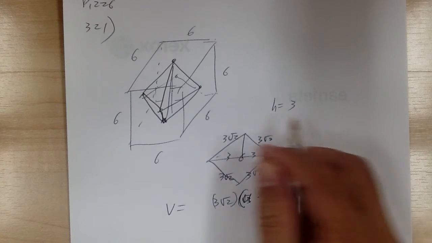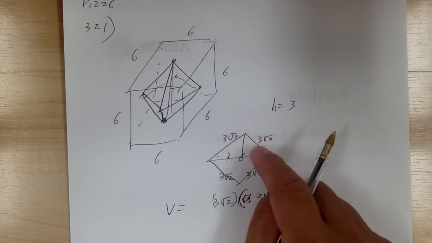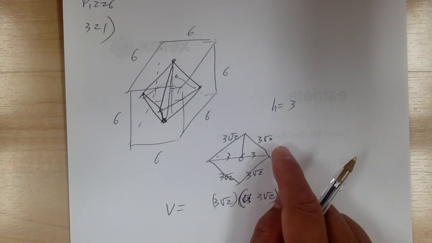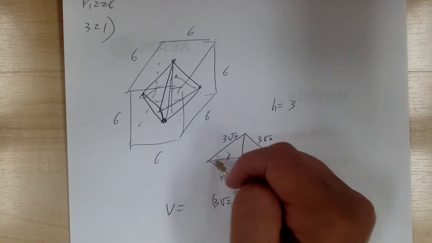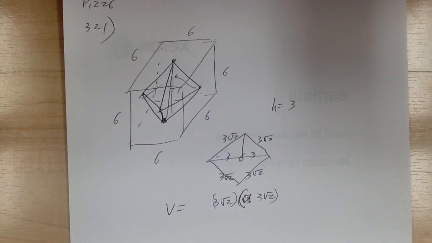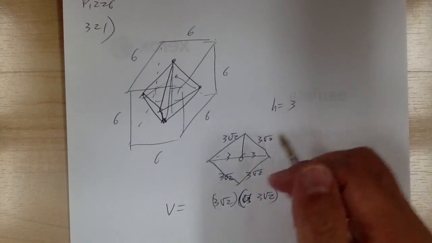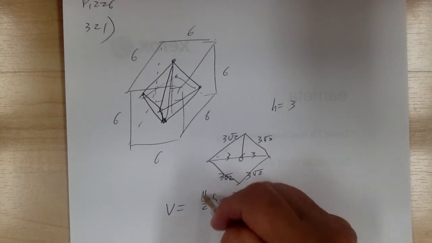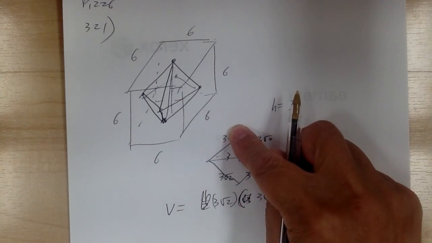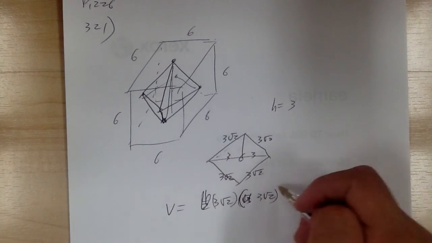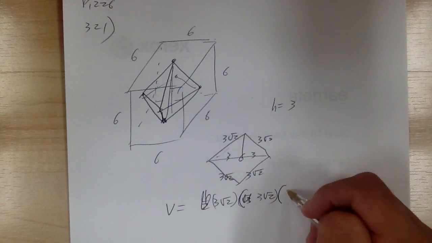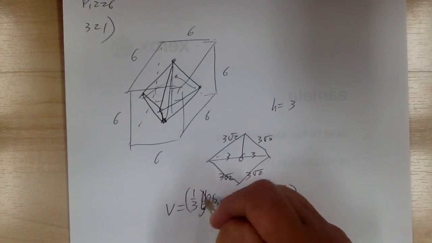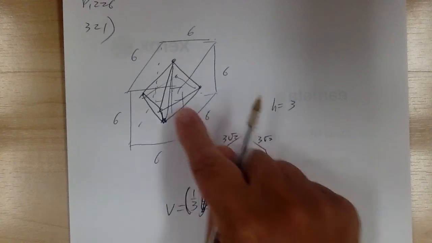Or you can use one half d1 times d2, like a rhombus. Okay. So you have side times side, and then you multiply by the height, which is 3, and you have to multiply by 1/3, because it's a pyramid.